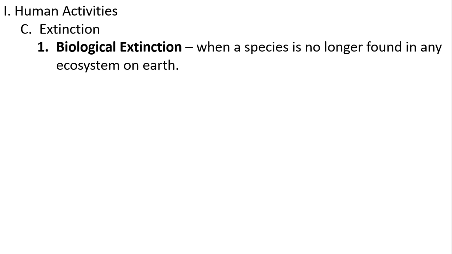There are other lesser forms of extinction, such as commercial extinction, which is not the complete wiping out of the species, but is when, for example, a fish species is overfished to the point where it's no longer of value. It's so hard to catch, there's no market for it. There's also local extinction, where a species may no longer exist in a local habitat.